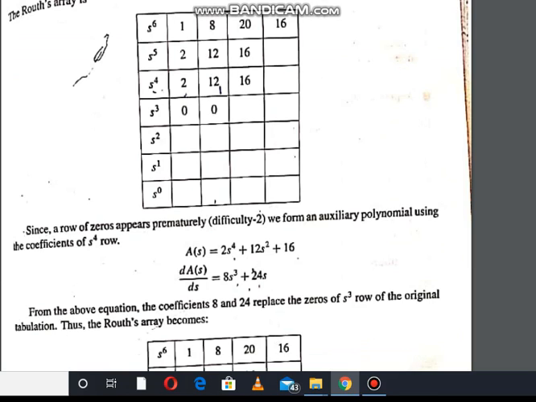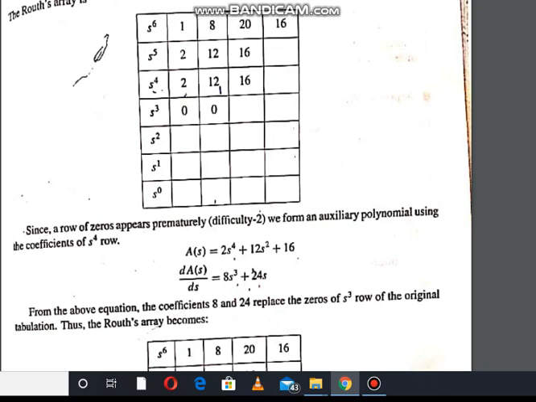The previous row is s to the power 4, so the first column value gives 2 into s to the power 4. It is an even number, so in the same way the next column value is the s square coefficient, and the next is the s to the power 0 coefficient. We get A of s equal to 2s to the power 4 plus 12s square plus 16.